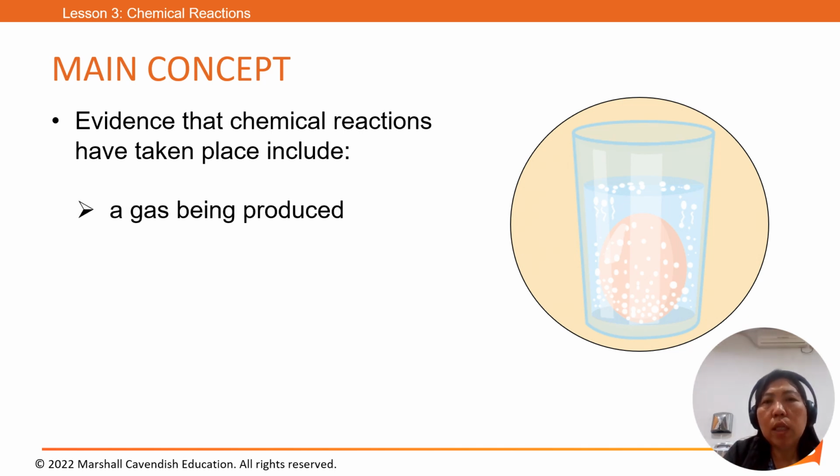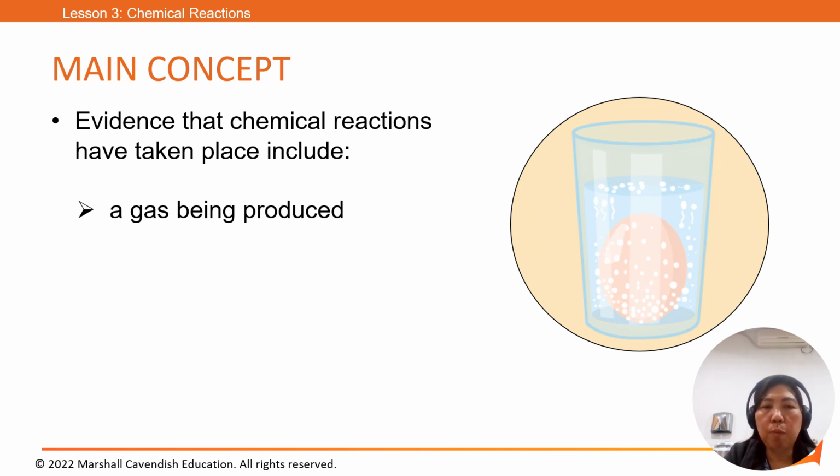So if we see the glass, actually it is filled with vinegar, and then you put an egg into it. So what can we observe from the eggshell? We can see that the eggshell has produced bubbles of gas.